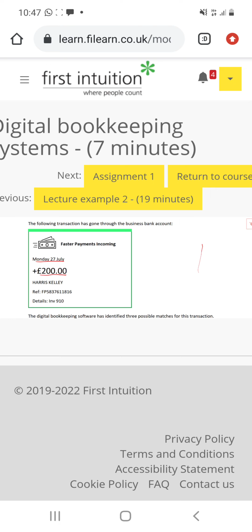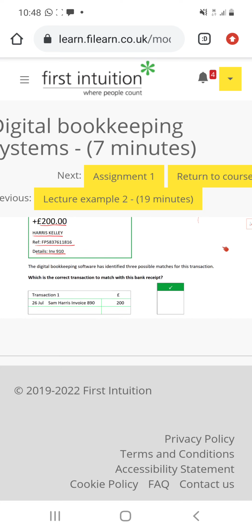We've got an amount of 200. We've got who it's from, the account it's coming from is Kelly Harris. We've got a reference number for it, and we've got some details. It's the kind of thing that if you log on to some online banking, and you had a receipt coming to your account, that's the sort of information, if you click on the entry, that you can very, very easily see these days.